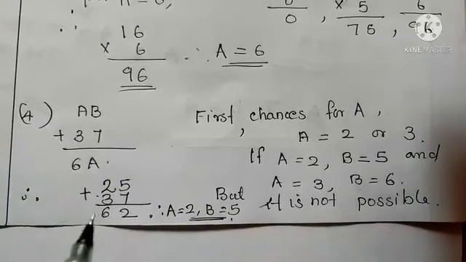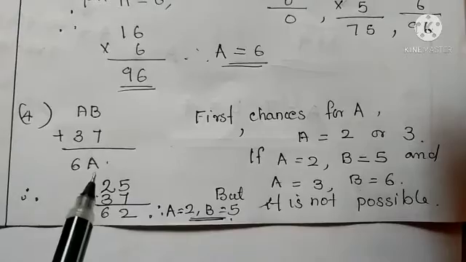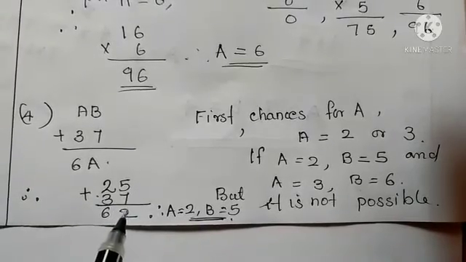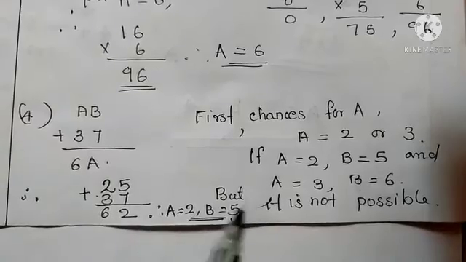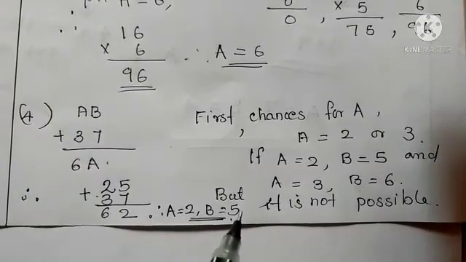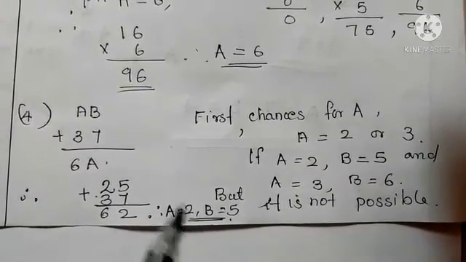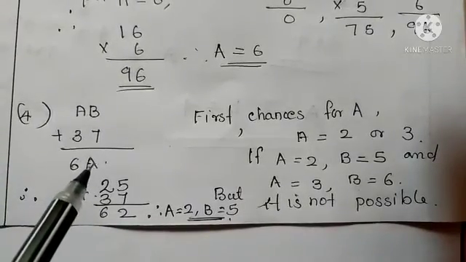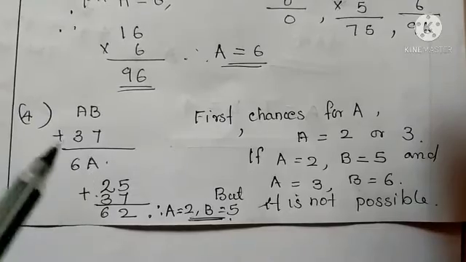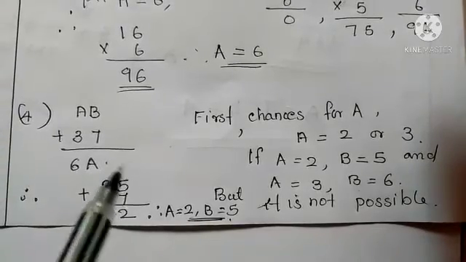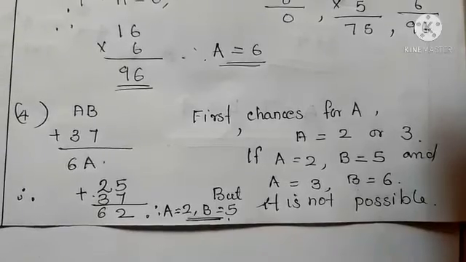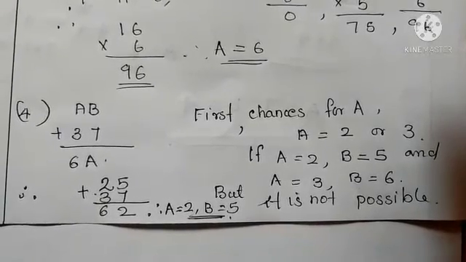That means 25 plus 37 will get 62. 2, 2. Here the same digit we got. So we can write A equal to 2, B equal to 5. Okay. If we put A equal to 3, B equal to 6 is not possible. If a carry comes, A equal to 3 is not possible. So we can write A equal to 2, B equal to 5.